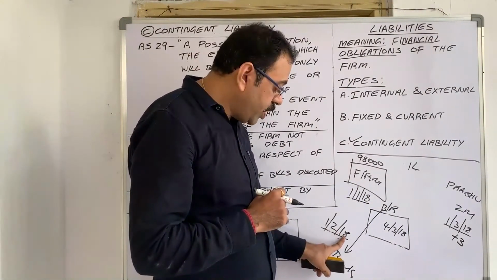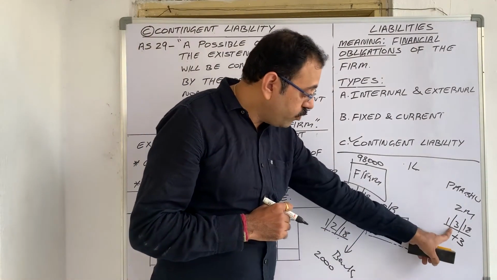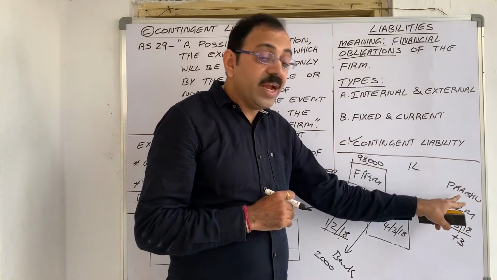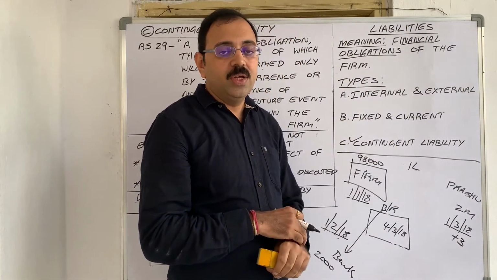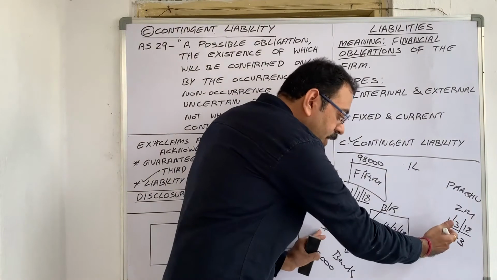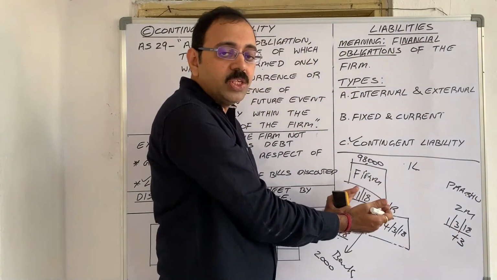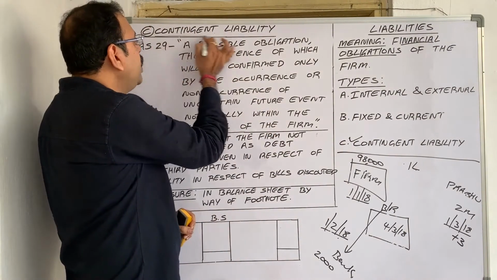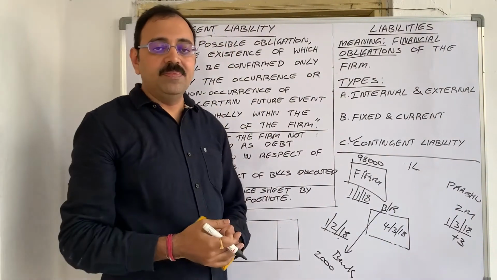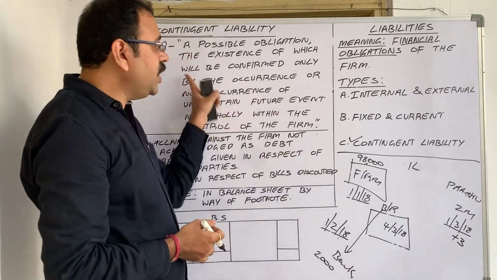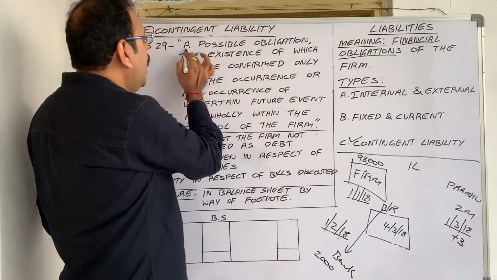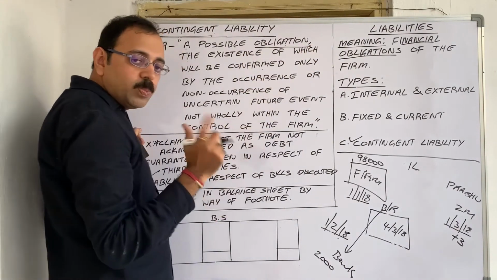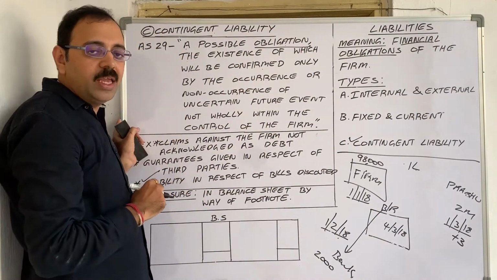From 1st February 18 to 4th March 18, we don't know whether bill will get honored or dishonored. So for us, for this particular period, this bill is called a contingent liability. Contingency means what? Uncertainty. Now observe the sentence, you will understand. A possible obligation. Obligation means what? Responsibility, liability.